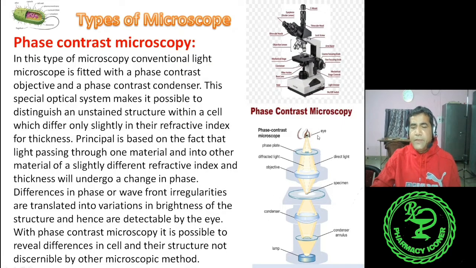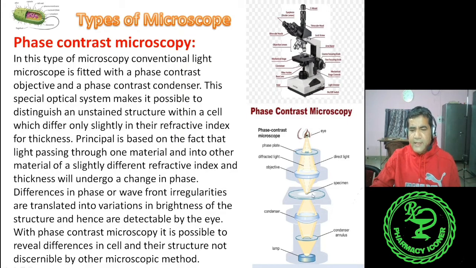You see, this is the eye, this is the phase plate. This is the objective lens, and the specimen is kept here. So when light is passing through it, this lens system can detect the difference in the different materials, that is, those which have a different refractive index and thickness.